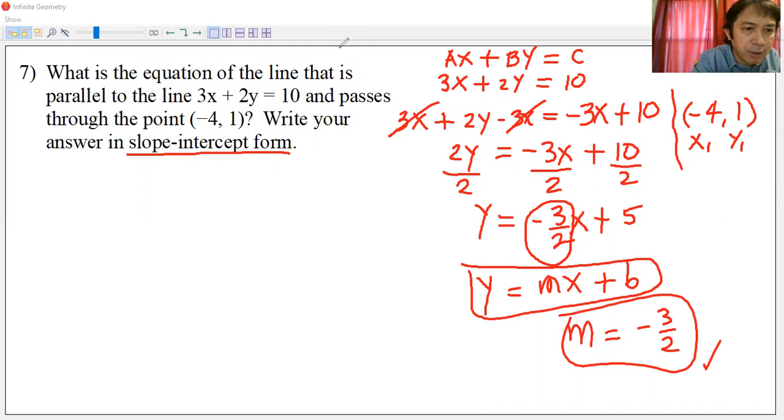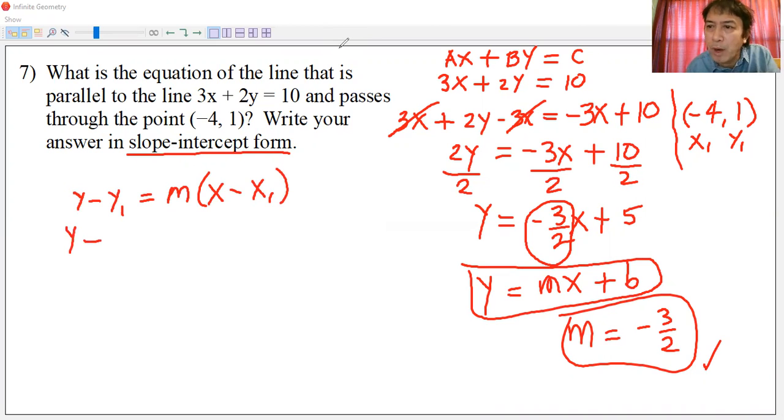And let's start there. So this is y minus y1 equals m times x minus x1. There. Okay. And so this is y minus y1. Our y1 is 1. This is equal to m. This is negative 3 halves times x minus x1.